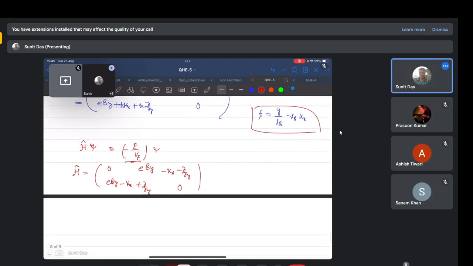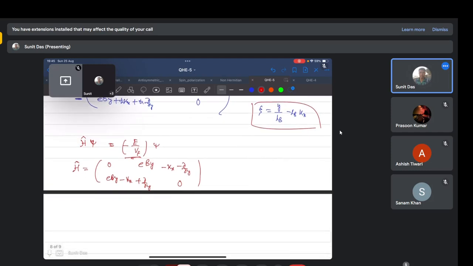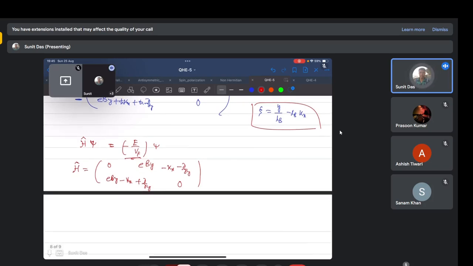Now if you define this xi, it is a dimensionless quantity, because lB is simply root over h bar by eB, which has a dimension of length, and y also has dimension of length. So this is a dimensionless quantity.